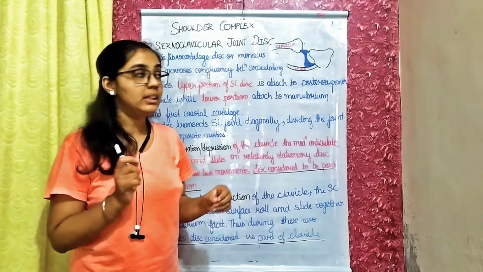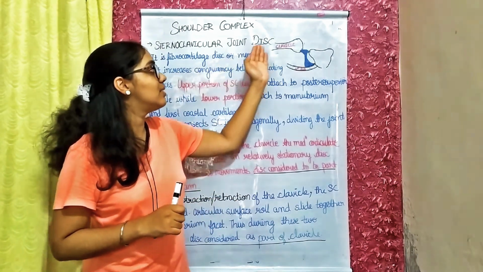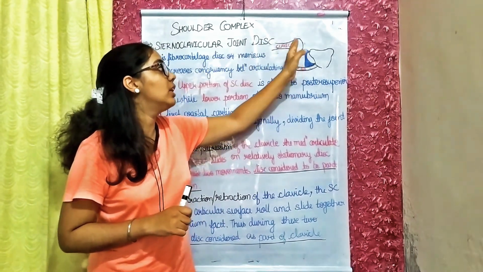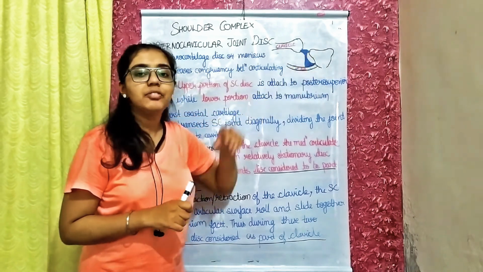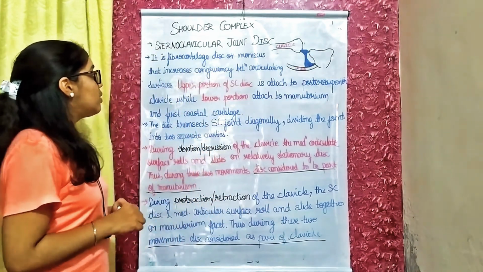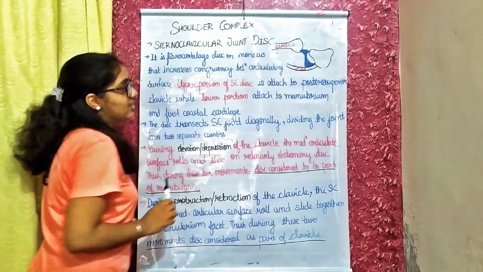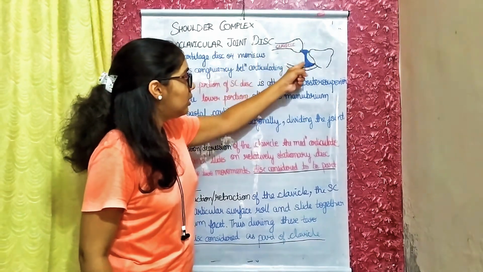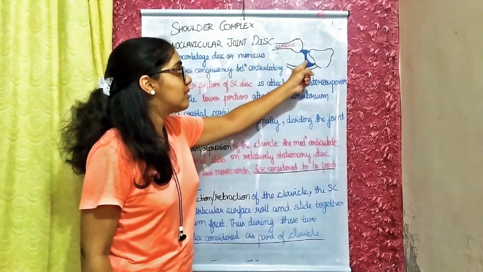As we know, in this joint the articulating surfaces are the medial portion of the clavicle, manubrium sterni and first costal cartilage. Here in blue color, the sternoclavicular disc is shown.